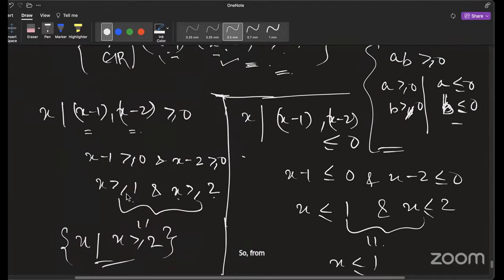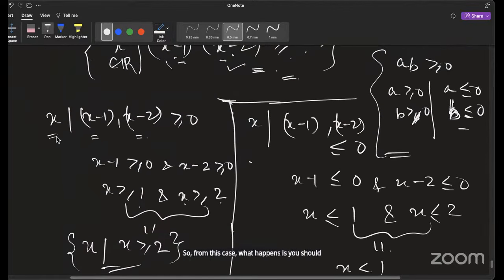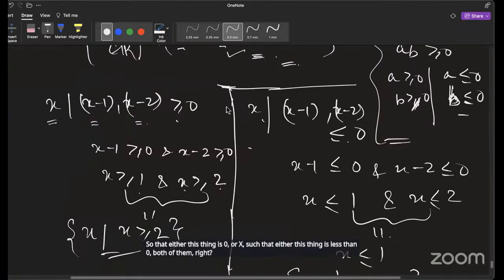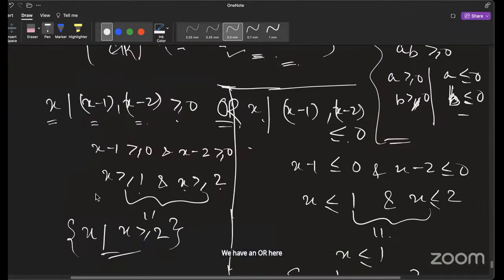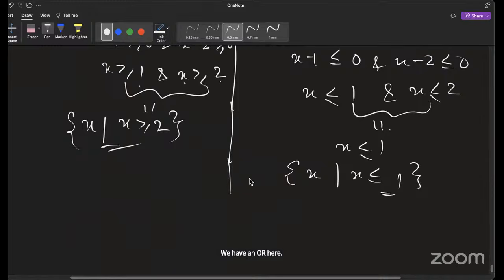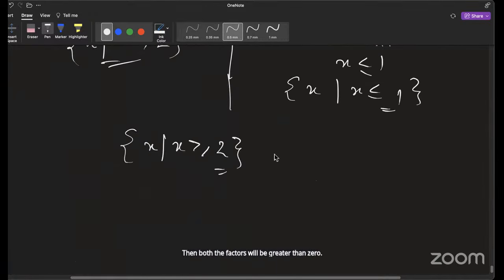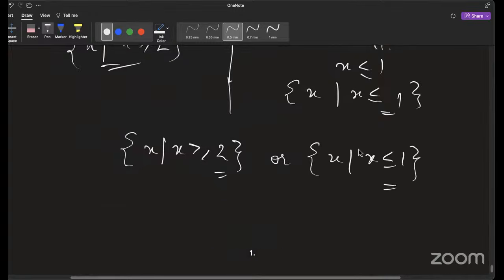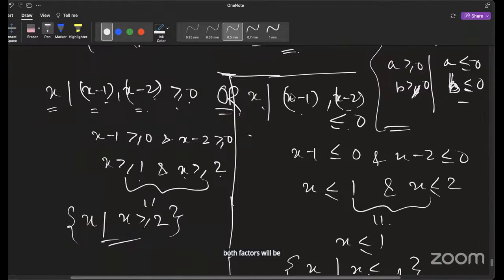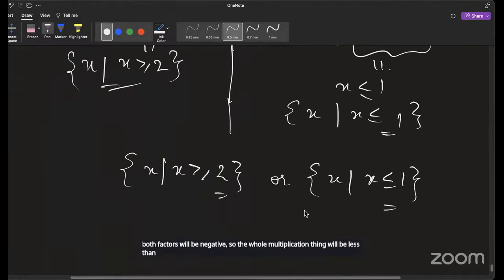So from this case, you should take x such that either this thing is greater than 0 or this thing is less than 0, both of them, right? We have an or here. You can just combine these two sets. You can take x greater than 2, then both the factors will be greater than 0. Or you can take x less than 1, then also both factors will be negative. So the whole multiplication will be greater than 0.